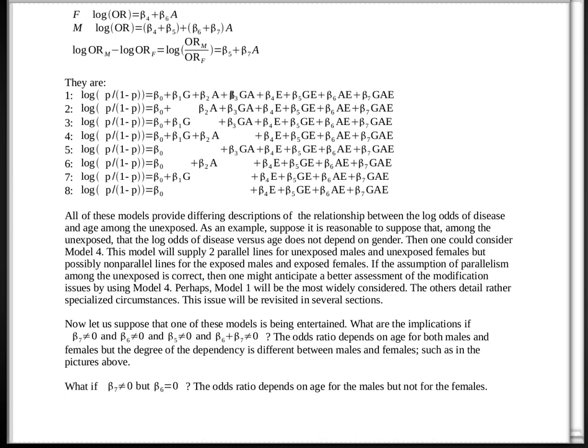Let me just clarify that for you, because if exposure is 0, if we're thinking about individuals who are not exposed, then E is 0, and if that's the case, then all of these terms, beta 4, beta 5, beta 6, and beta 7 are all 0. Right? So we can see then that beta 1, beta 2, and beta 3 are describing possible circumstances for the unexposed in the study.